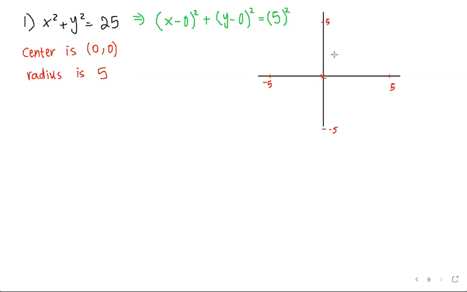So the graph will be something like that. Here's 5, minus 5. Okay, here is my 5.